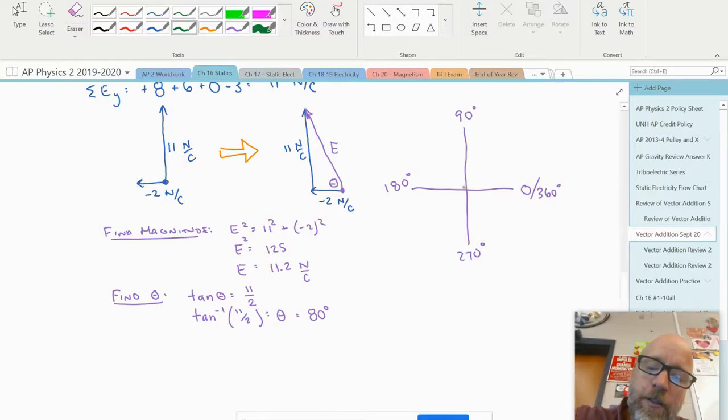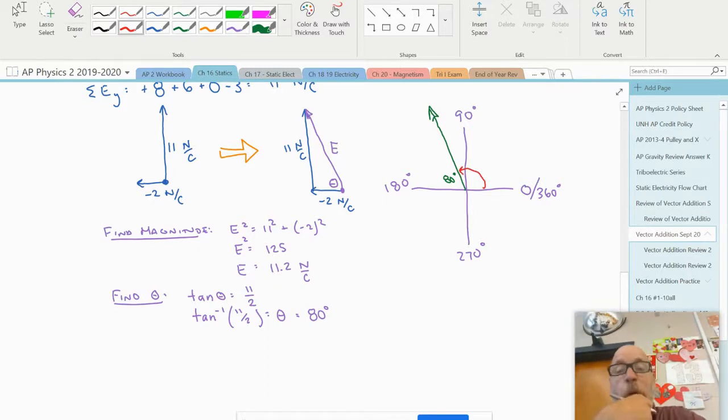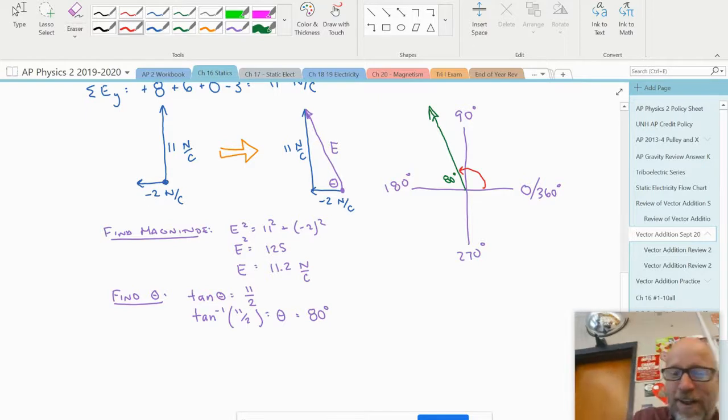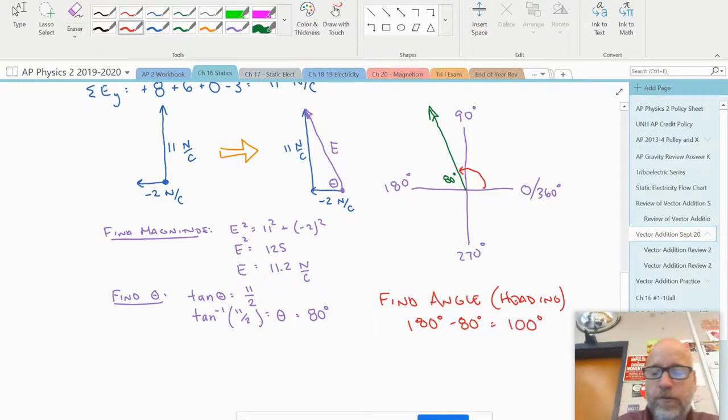Our answer is in the second quadrant. 80 degrees. So what is the actual angle? What is the actual heading? I think what I would need to do to find the actual angle, you may want to call it the heading, I would have to do 180 minus 80 or 100 degrees.